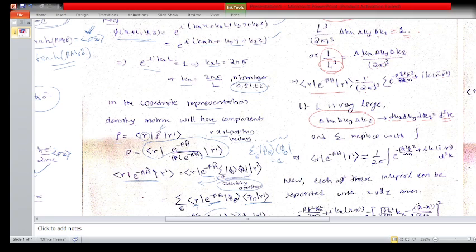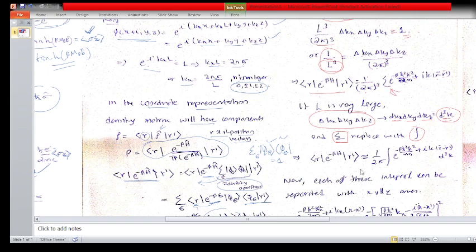So in that condition we can take delta kx delta ky delta kz as dkx dky dkz. We are considering a very small change in k, that is d cube k, representing that volume. And this sigma will be replaced with the integration.